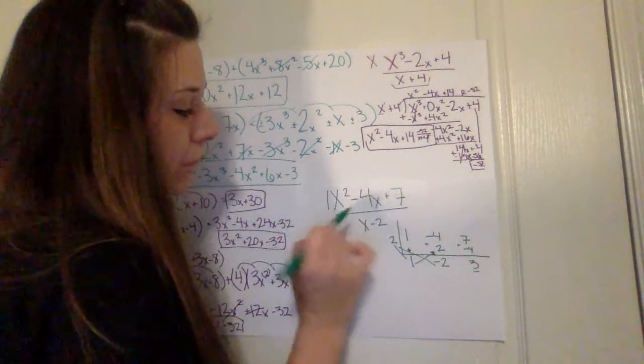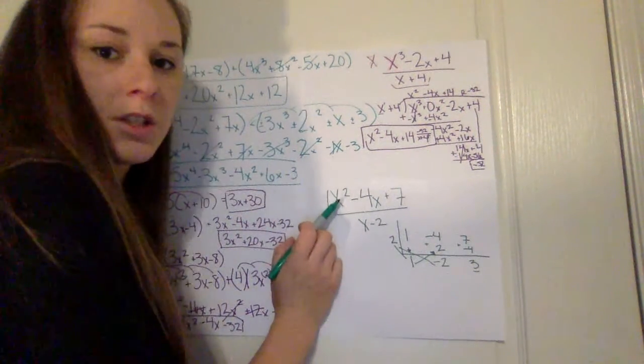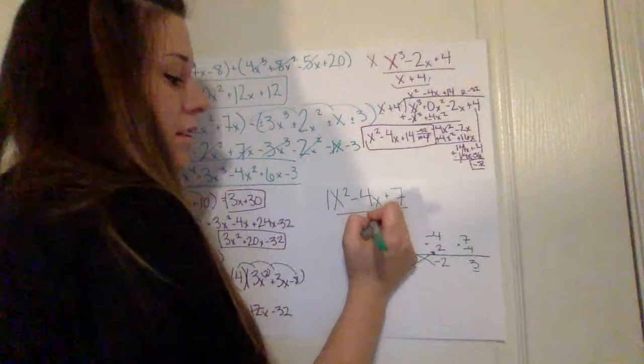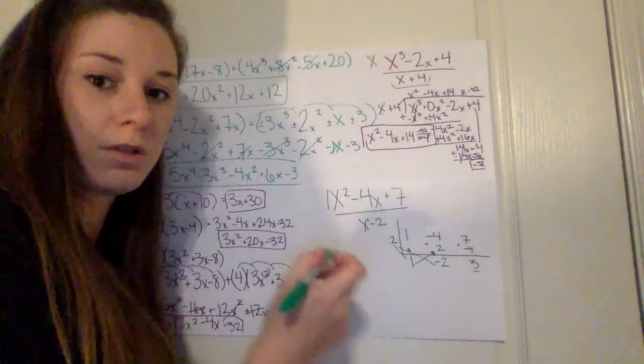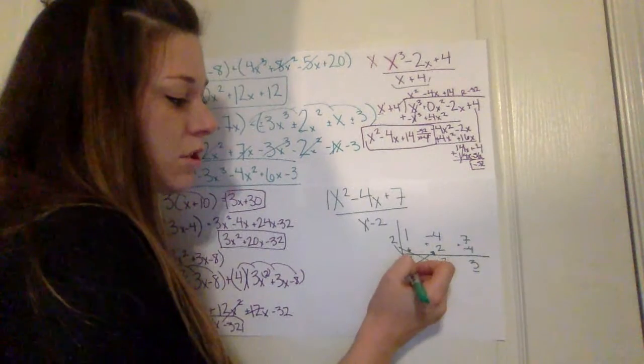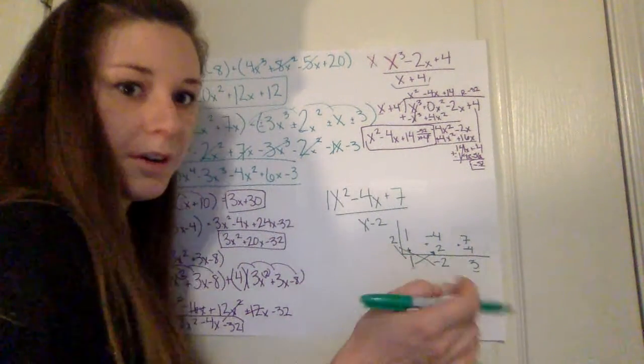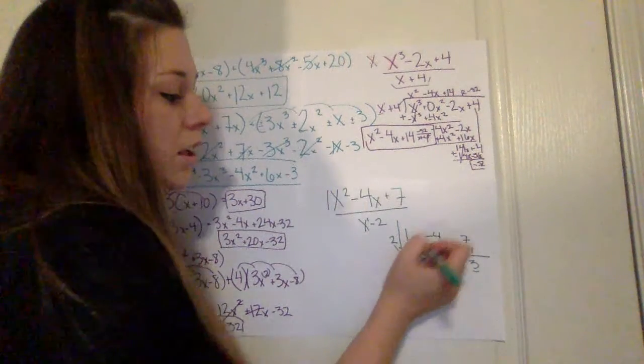And the reason we know that is because this is an x squared term, and this is technically an x to the first term. So the difference between those is this is just going to be an x here, and it's not going to be x squared or anything higher than that.